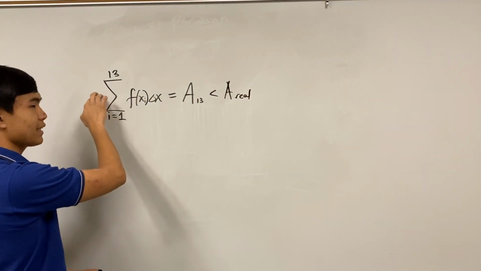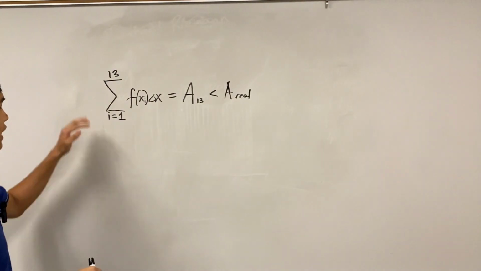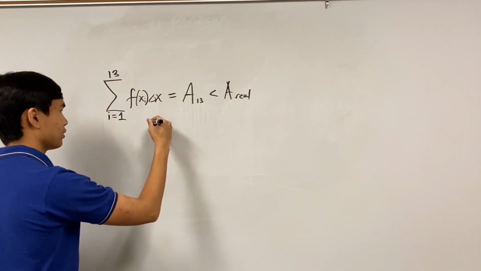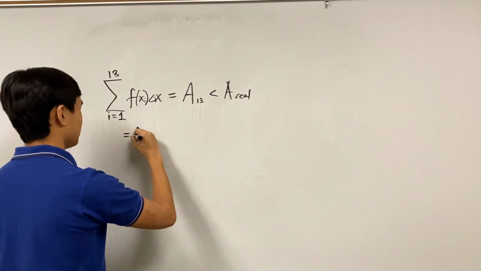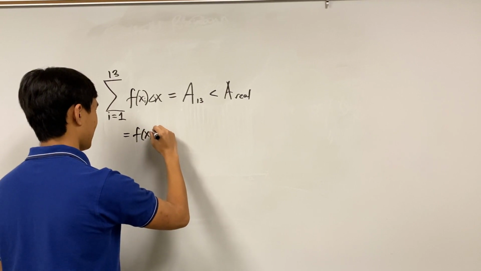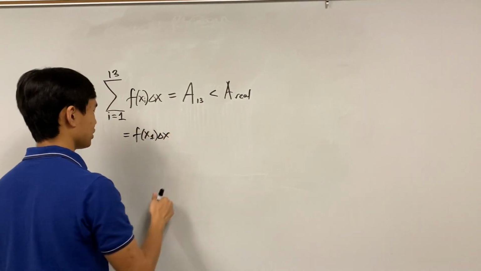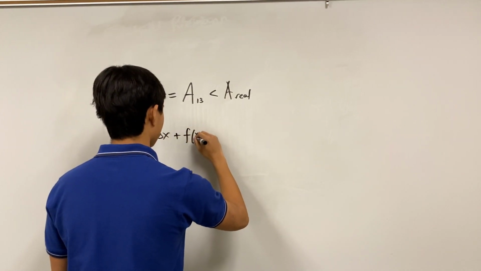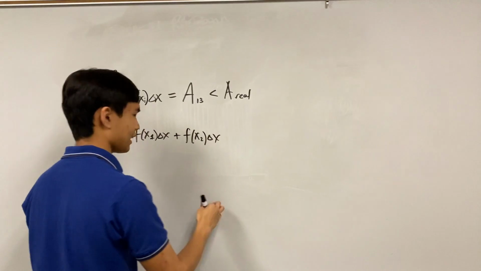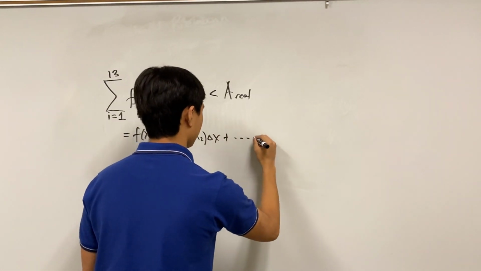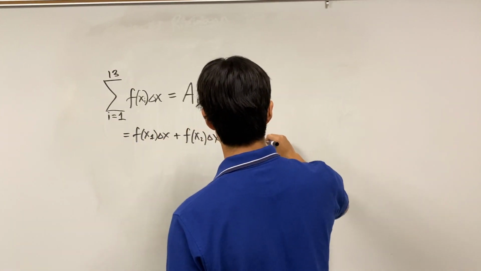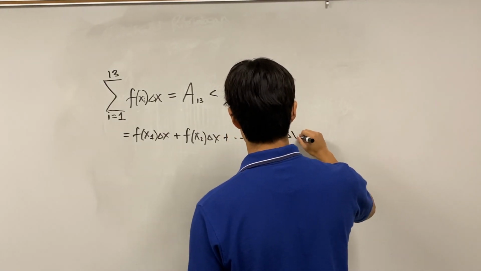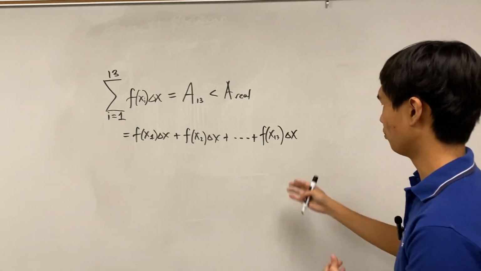Oh, and by the way, this is called a sigma sign. This stands for adding. So what this means is you're adding the first height times delta x, so the first rectangle, plus the second height times delta x, the second rectangle, and so forth until you add the 13th height times delta x, or the 13th rectangle.